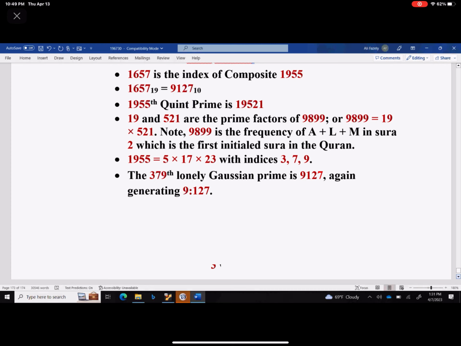The 379th Gaussian prime is 9127, again generating 9127. Again notice 379: 3 plus 7 is 10, plus 9 is 19 again. Okay. How many ways God is supposed to show us this?